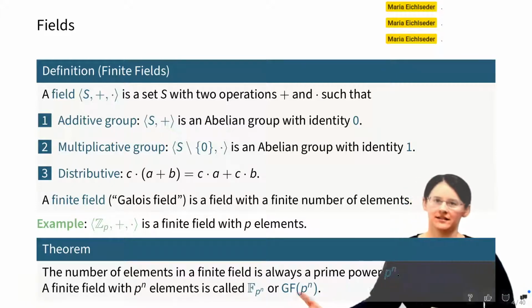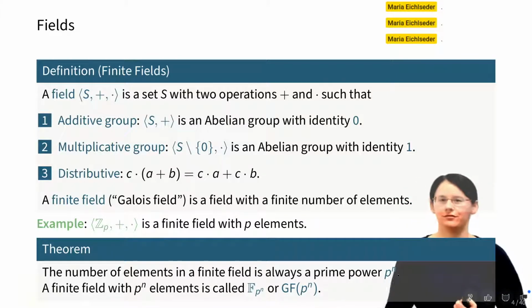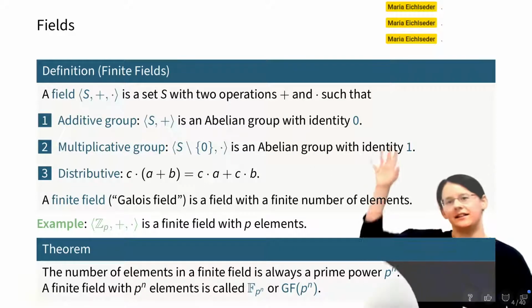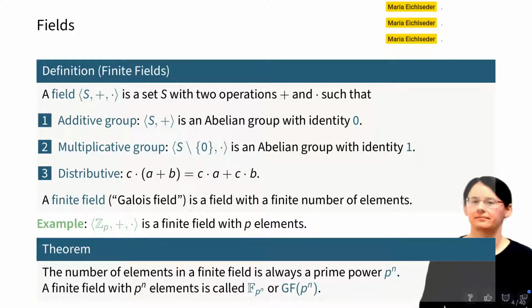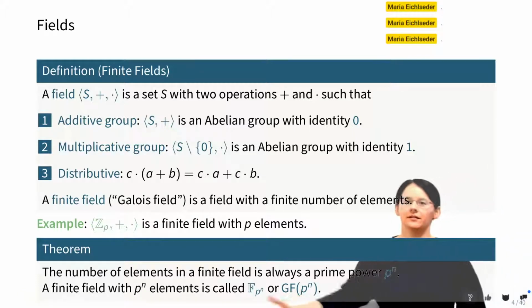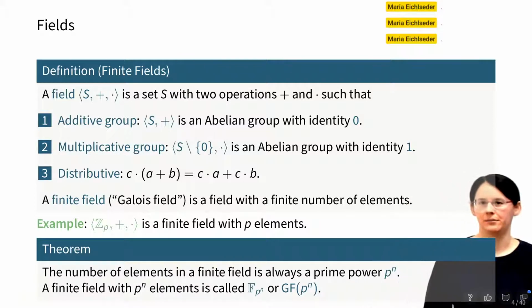Évariste Galois is a very famous mathematician who unfortunately died very young, and he laid a lot of the groundwork that this stuff is based on. So either of these 2 things mean exactly the same thing, and they mean a finite field with p to the n elements. So the question is, of course, quite obvious now: how do we build such a system?